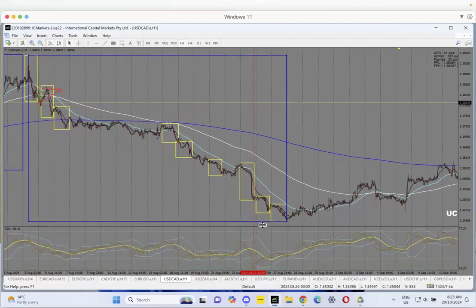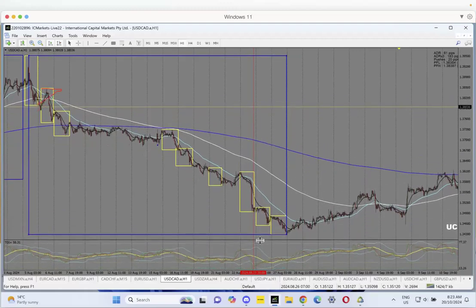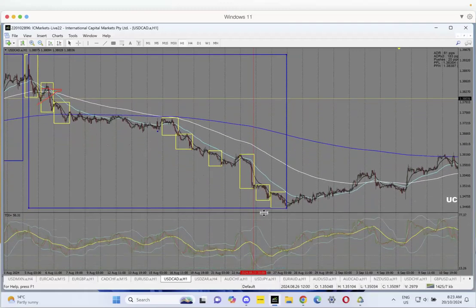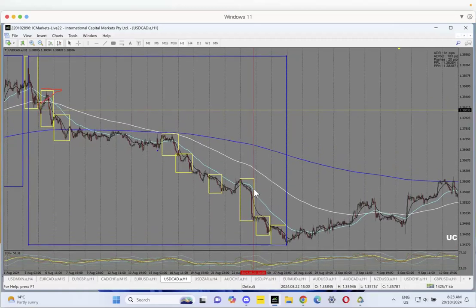So that is why that shark fin was not relevant. So you couldn't take that M15 buy because your levels were suggesting that you are only on level 1. So you were going to be going against the trend.